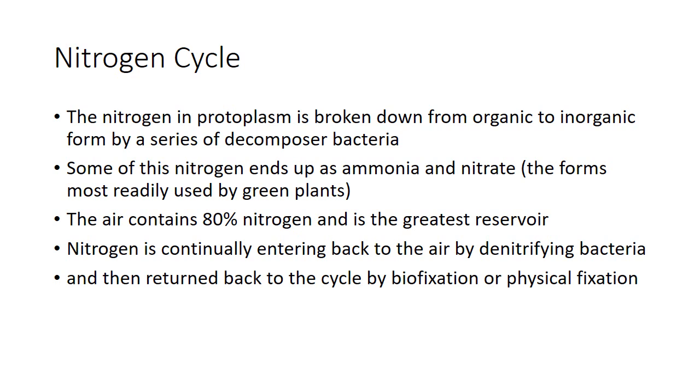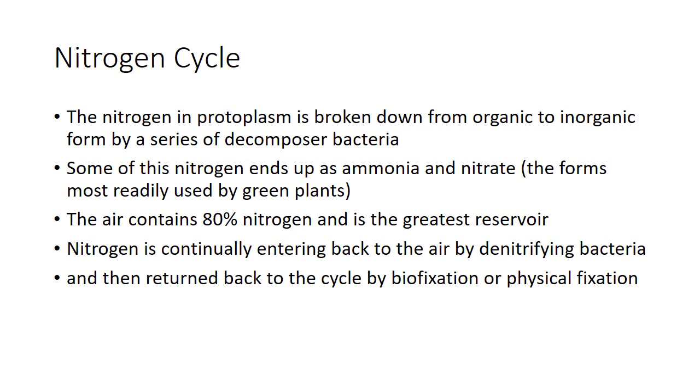Nitrogen cycle. The nitrogen in protoplasm is broken down from organic to inorganic form by a series of decomposer bacteria. Once a plant or an animal dies and becomes a part of the humus, the same process occurs, and the nitrogen is released from organic to inorganic form by a series of decomposer bacteria.